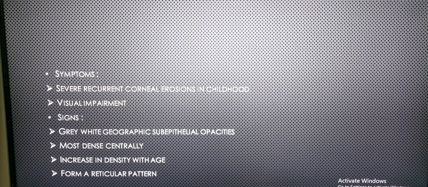Symptoms are severe recurrent corneal erosions in childhood and slight visual impairment. Signs are gray-white geographic subepithelial opacities, which are most dense centrally, and they increase in density with age, leading to formation of a reticular pattern.